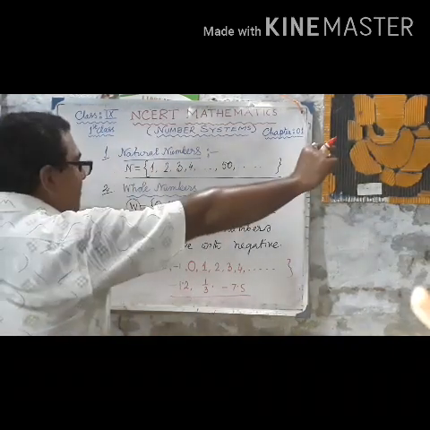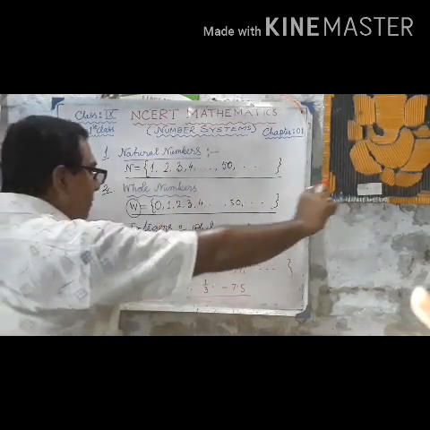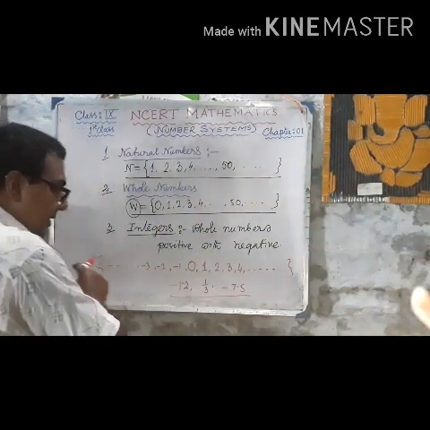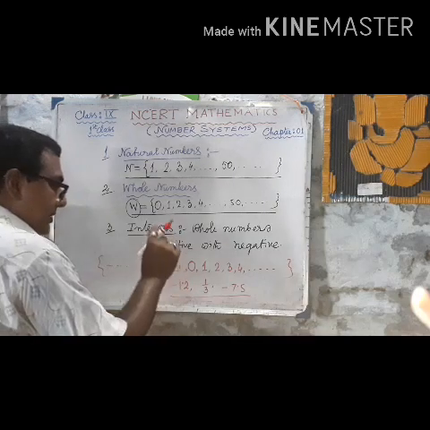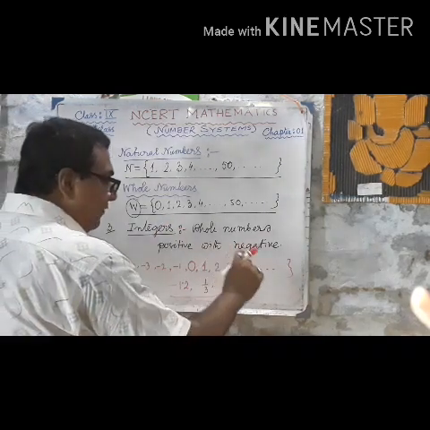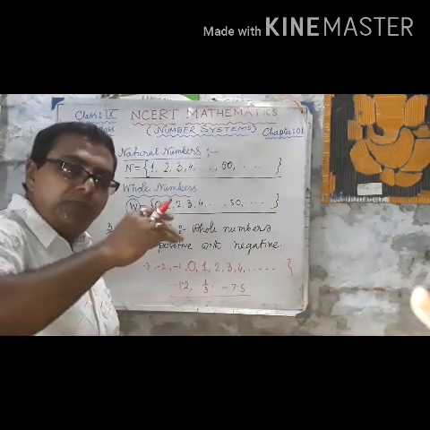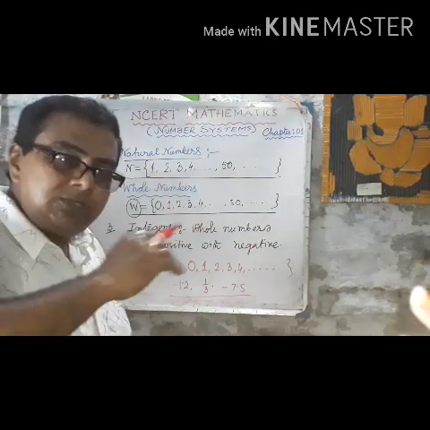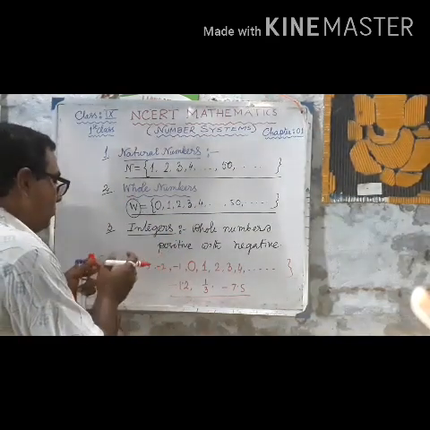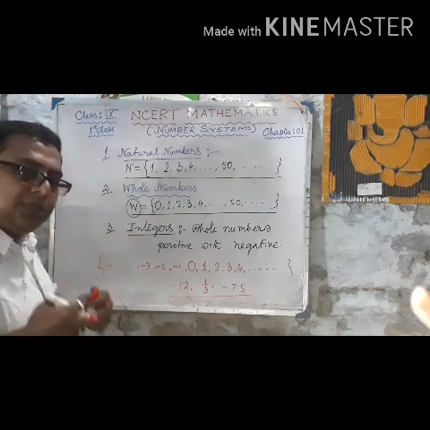Set of natural numbers, set of whole numbers, set of integers: integers 0, 1, 2, 3 and so on in the positive direction, minus 1, minus 2, minus 3, minus 4 and so on in the negative direction.